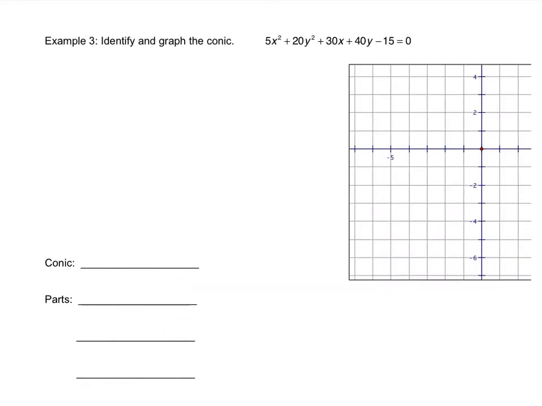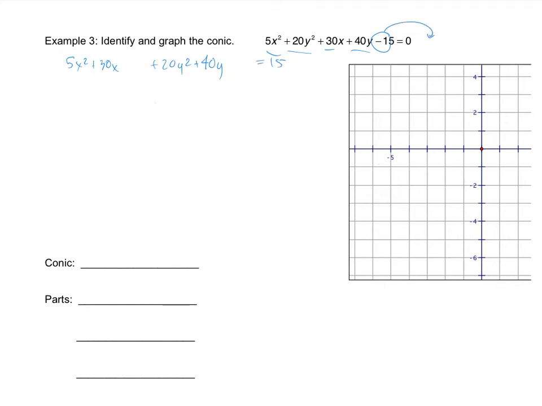In the next example, we're going to look at this equation, and we see that it's not in standard form. So again, let's group our x terms. Let's group our y terms. And let's move our constant to the right-hand side.